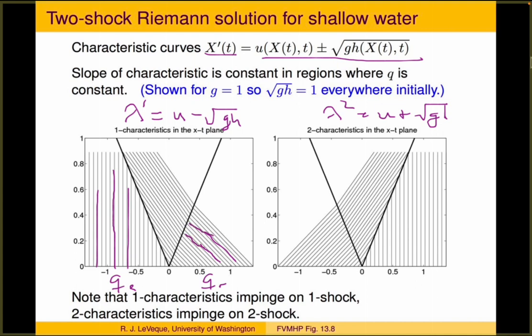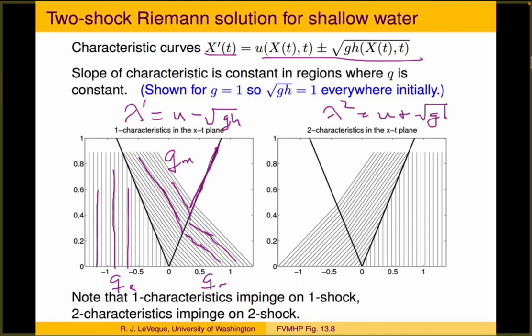Now, as the characteristics cross this shock in the second family, they simply change direction because the middle state up here, qm, is different from q right. And so when we evaluate the characteristic speed using um minus the square root of ghm, that will be different than ur minus square root of ghr. And so there's a kink in the characteristic here.